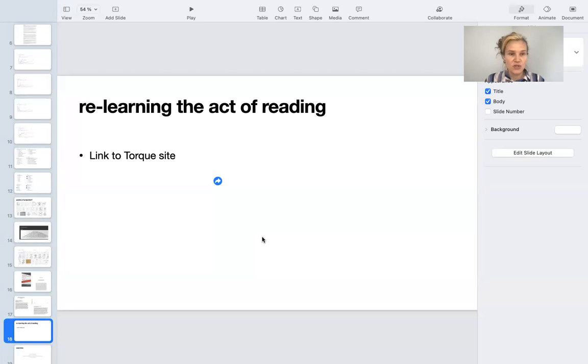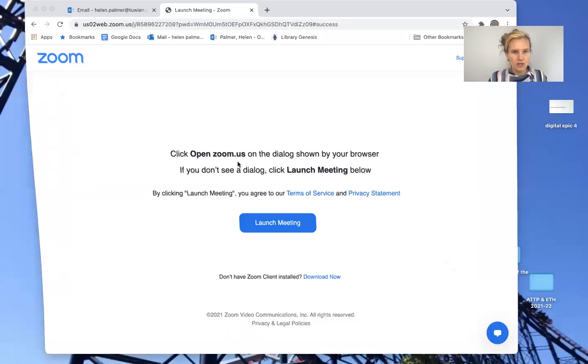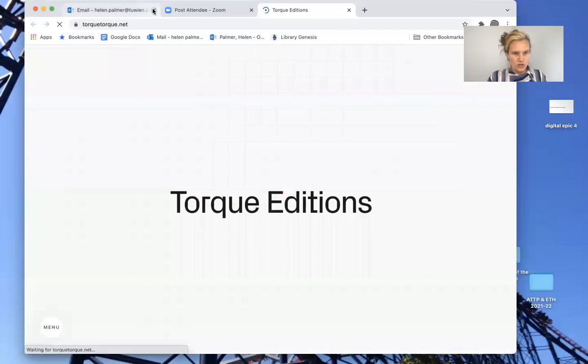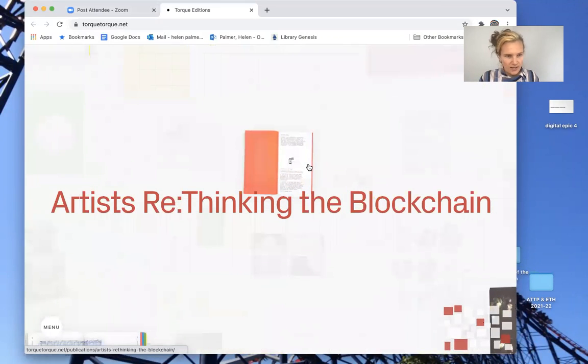So I thought I would show you one website which works with technology and produces all kinds of new configurations, new ways of thinking, new ways of writing, new ways of reading, new ways of publishing, new ways of collaborating, and new ways of building communities, I would say. And this is a website called Talk, which is here. And there's all kinds of things to look at.